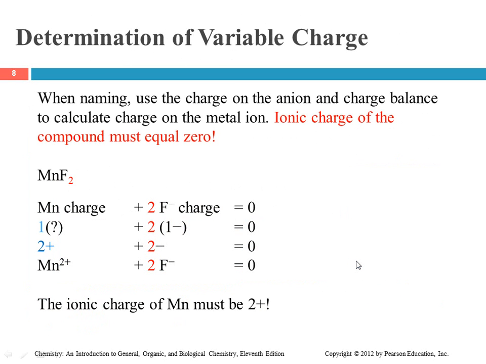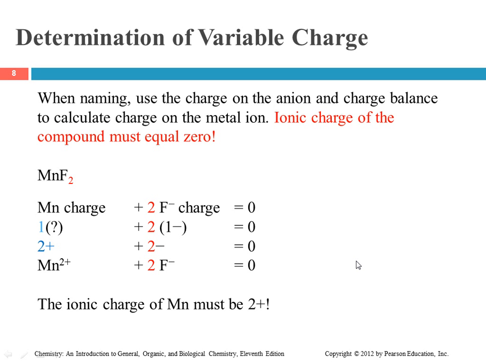So this is an example. We know that for our nonmetal, we always know the oxidation state. So it's really just a process of solving for a variable. In our formula, we have 2 fluorine atoms, and we know that fluorine has a -1 charge. Does everybody agree with that?